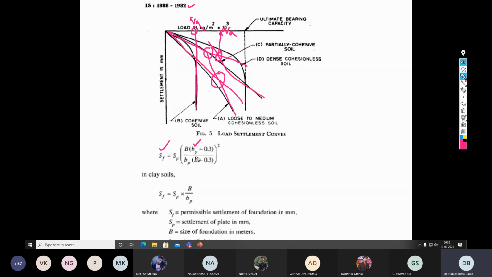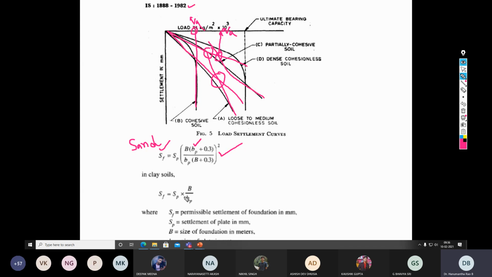Then how shall I convert the plate bearing settlement to the equivalent footing bearing settlement? Depending upon the soil type, suppose you are dealing with sand, you have conducted the plate load test on sandy soil, then you should use this equation for calculating the probable footing settlement based on the plate settlement.